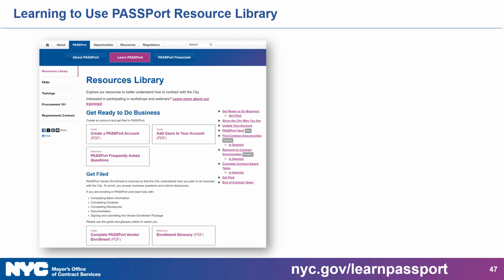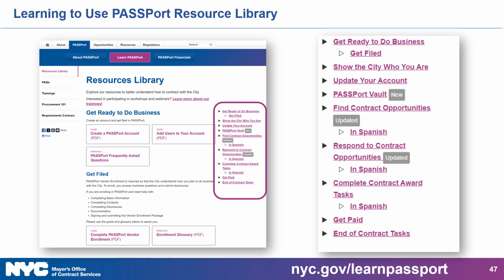There you will find step-by-step guides and other tools to help you get things done within the digital procurement system. On that page, we do recommend using the panel on the right so that you can get to the topics you're interested in. Oh, and by the way, you'll also be able to find some of our resources in Spanish.